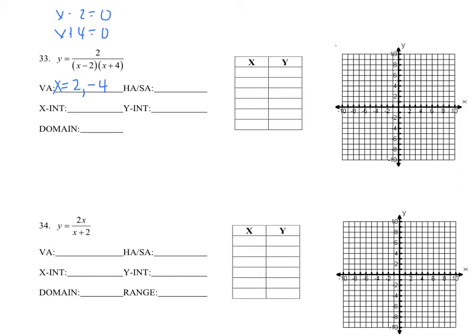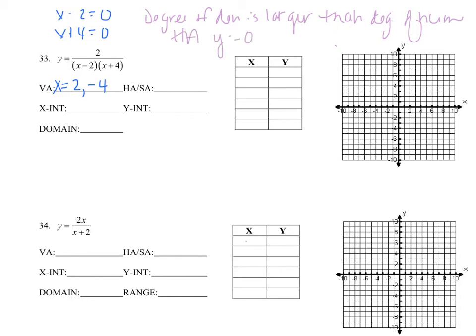So if the degree of denominator is larger than degree of numerator, you have an HA at y equals 0. So in this example, our degree in our numerator is 0 and the degree in the denominator is 2, so we are going to have an HA at y equals 0.